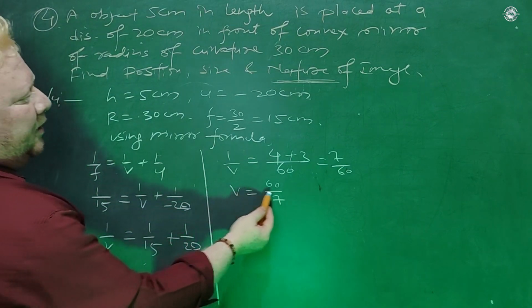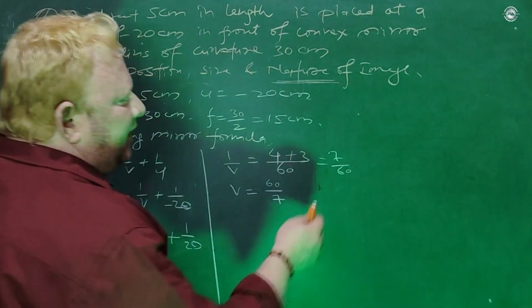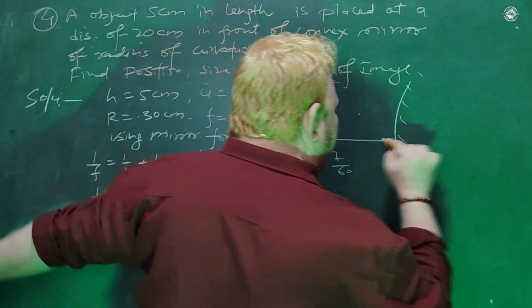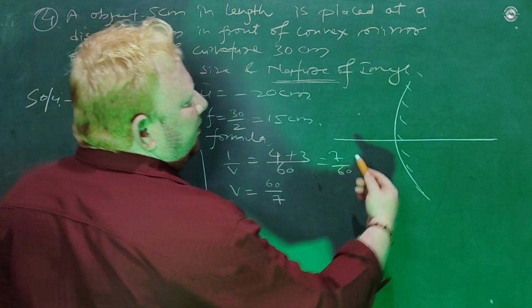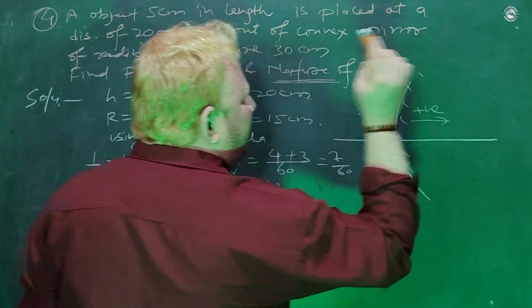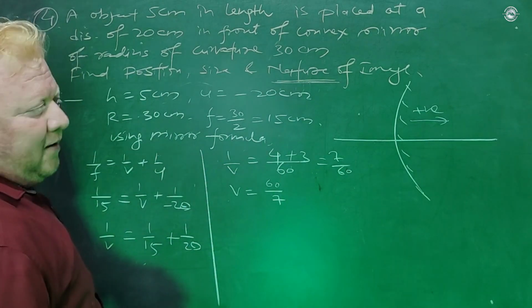Remember this value is coming positive, and in all possible cases in a convex mirror, again and again I would like to remind you, the image is formed this side, and on this side all the distances are positive. So v is coming positive, it's a good sign.